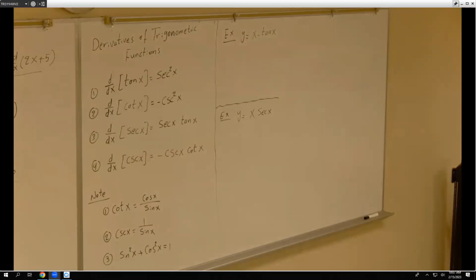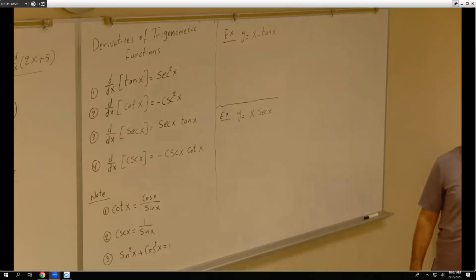You see the notes? It says cotangent x is going to be cosine x over sine x. Cosecant x is going to be 1 over sine x. Are we supposed to know every single rule, or when we're doing the exam, are we going to have a sheet?